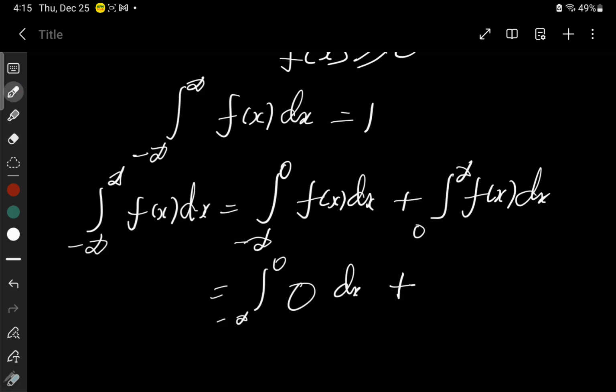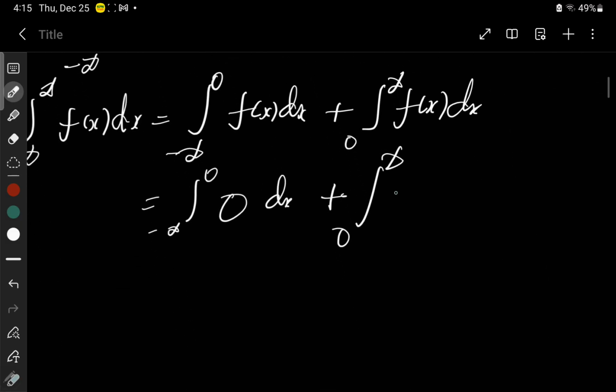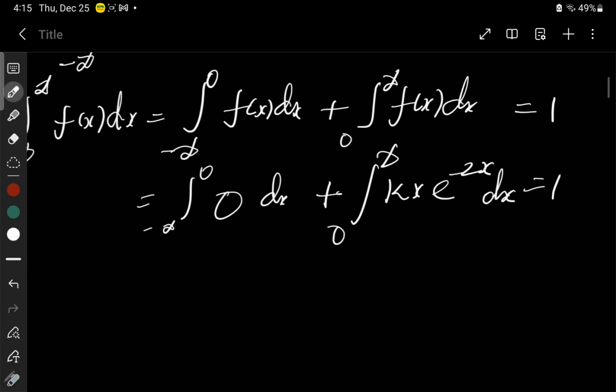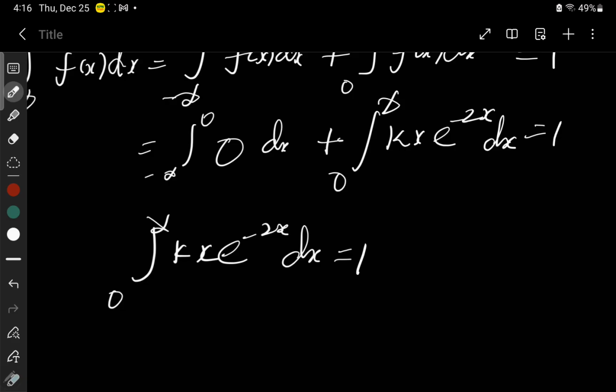Plus, from 0 to infinity the function is kx e power minus 2x, so the integral of kx e power minus 2x dx is equal to 1 from the definition. The integration of 0 is 0, so write only this: the integral from 0 to infinity of kx e power minus 2x dx is equal to 1.